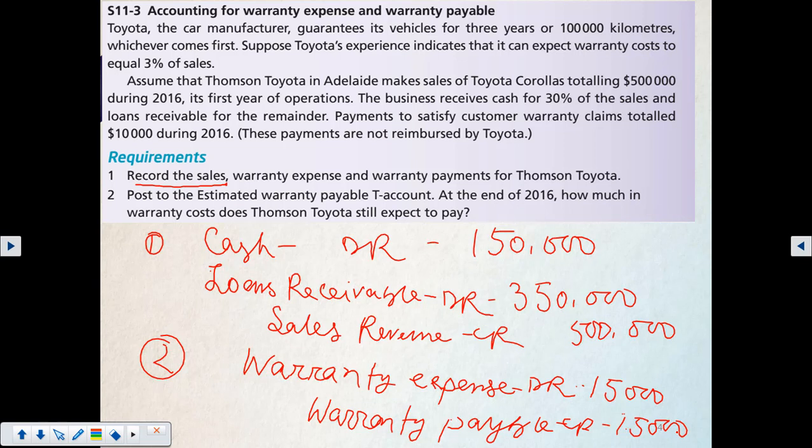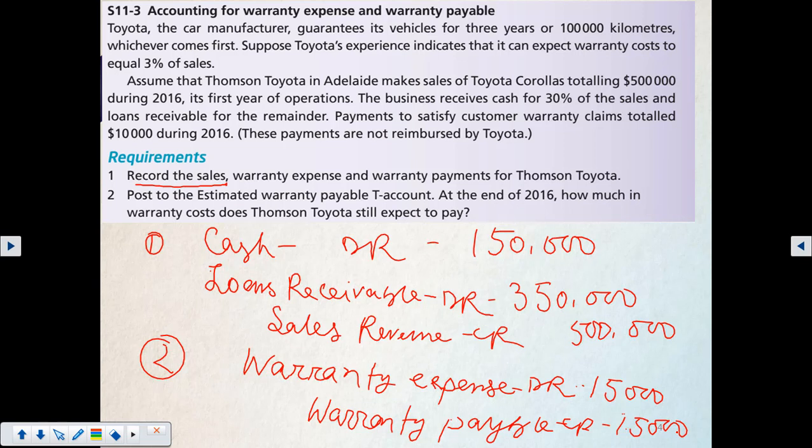Very good. Now, warranty payments. The third journal entry, warranty payments. Warranty payable to cash. Whenever we pay anything, definitely the account is going to be cash, credit, right? So why is warranty payable going to be debit here?